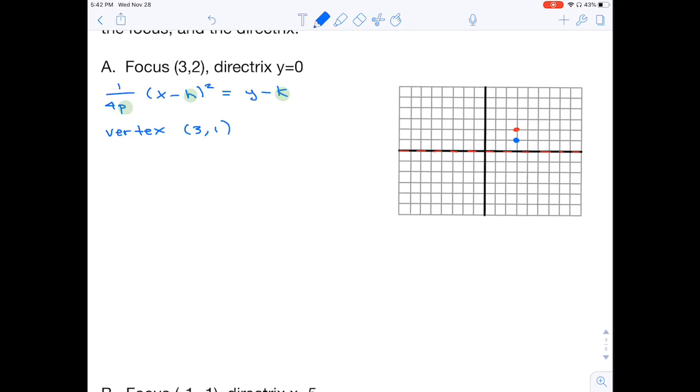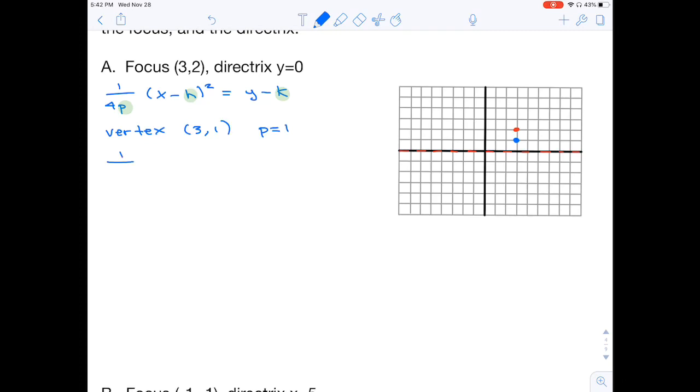So the next thing we're going to do is we're going to look at our p. We're going to go find p. Now remember, p is the directed distance from the vertex to the focus, again from blue to red, which is a p equals 1. It's a distance of 1 positive unit. So at this point, we plug in all these numbers into our equation.